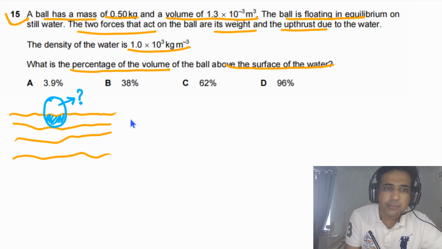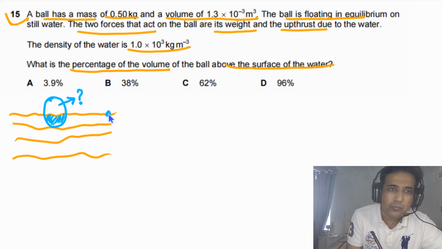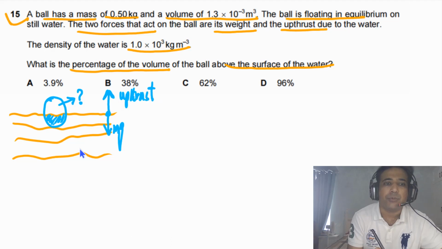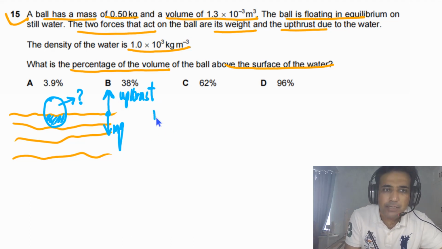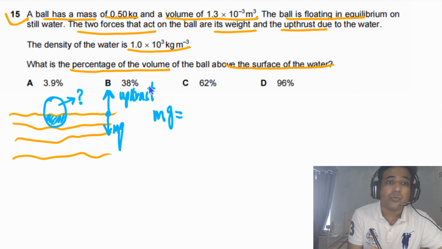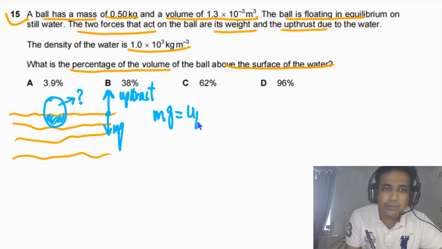In this case, there are two forces acting on the ball. One is the weight acting downwards, and the other is the upthrust, and these two forces are equal in magnitude. So mg, the weight of the ball, is equal to upthrust, and upthrust is equal to the weight of fluid displaced.